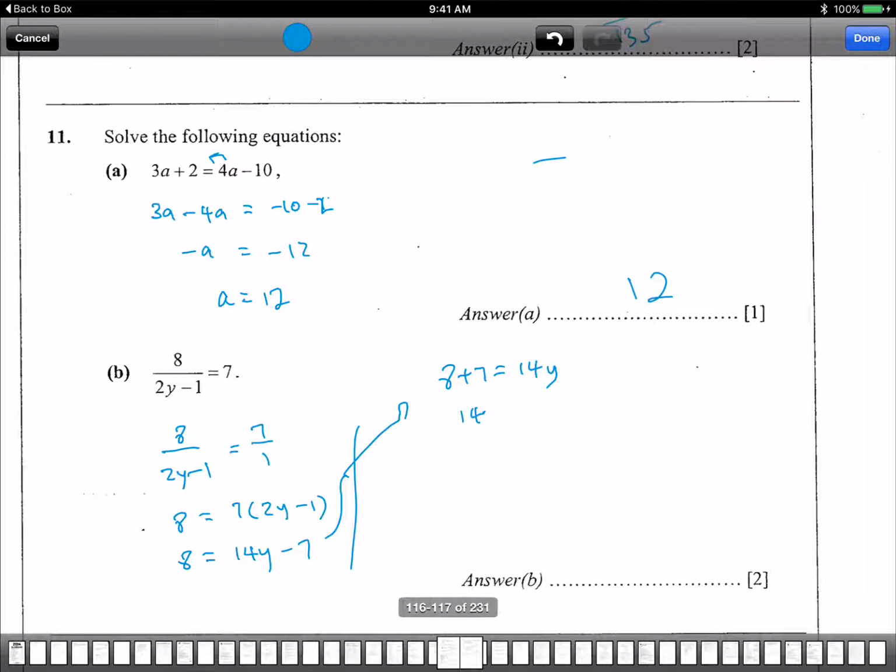So 14y equals to 15, y equals to 1 and 1/14, sorry. Okay, that's the answer. Is that right? Okay, next.